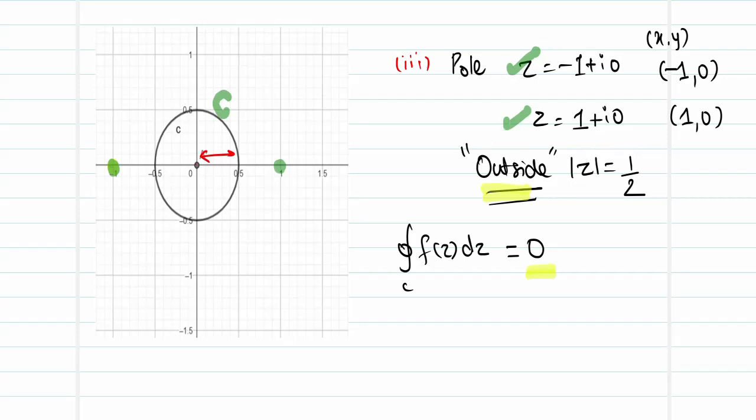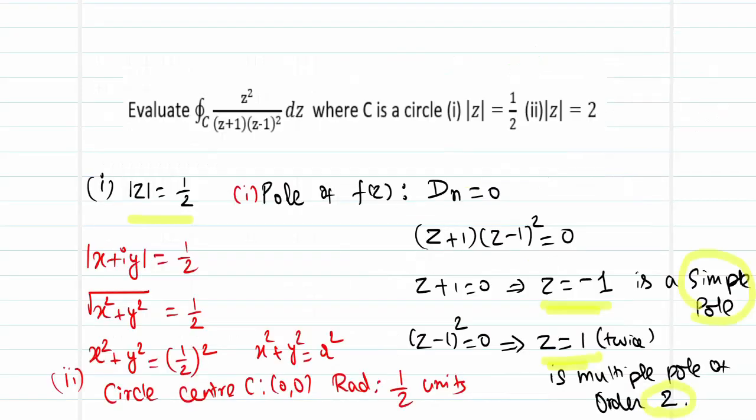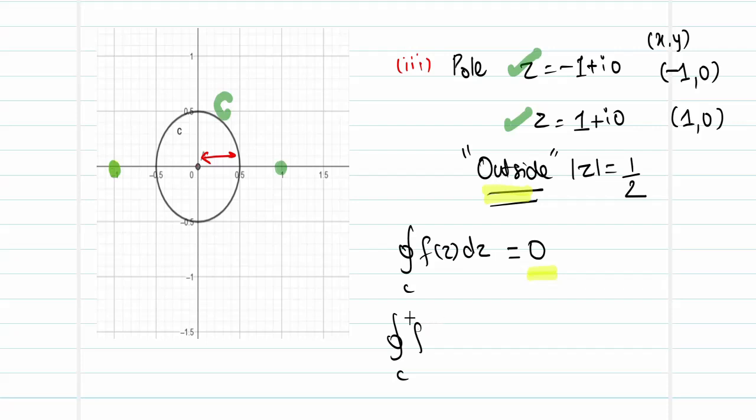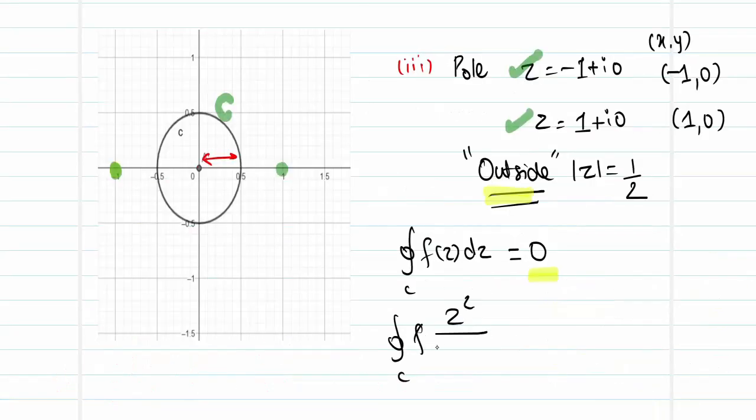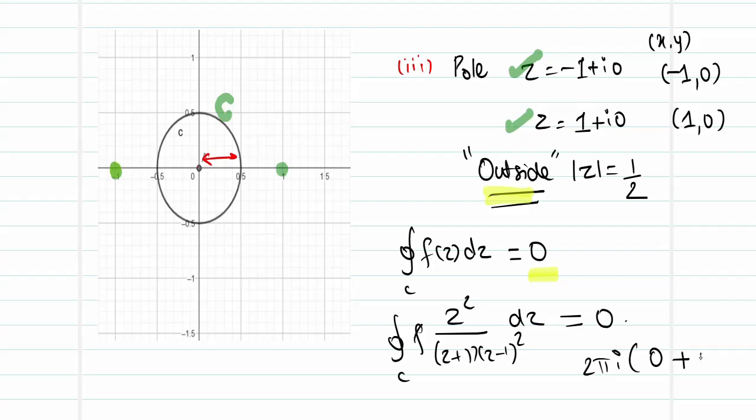Hence, by Cauchy residue theorem, the integral over C of the function we had over here, z square divided by z plus 1 into z minus 1 the whole square, dz, will take the value 0, because 2 pi i times the residue at the first pole is 0, and the residue at the second pole is also 0, so it is totally going to be 0.